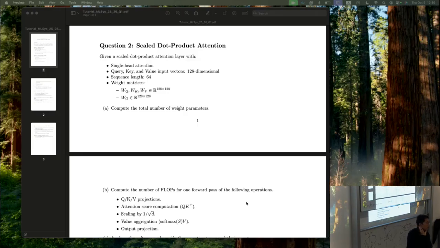Even for exponential, it's just one flop, just to make it simple. Is there a bias in the CNN? If I didn't mention it explicitly, there's no bias.